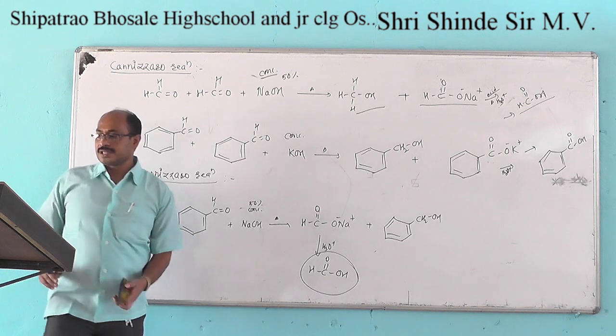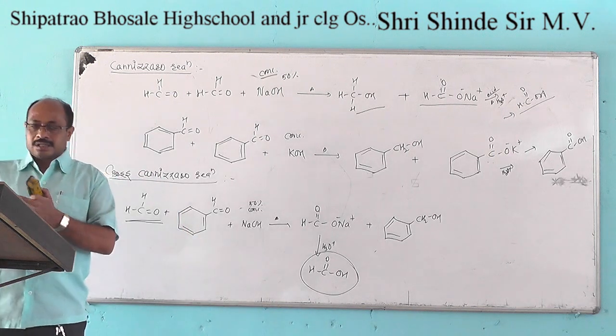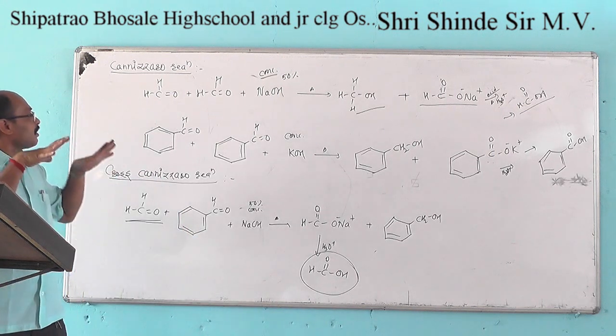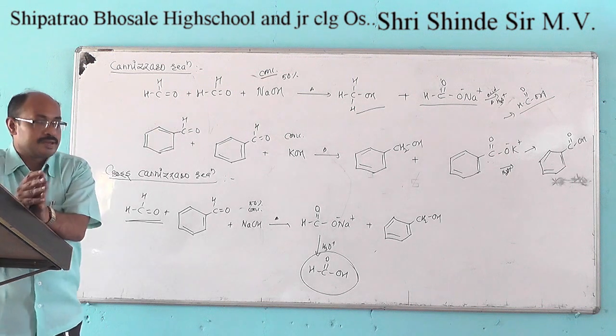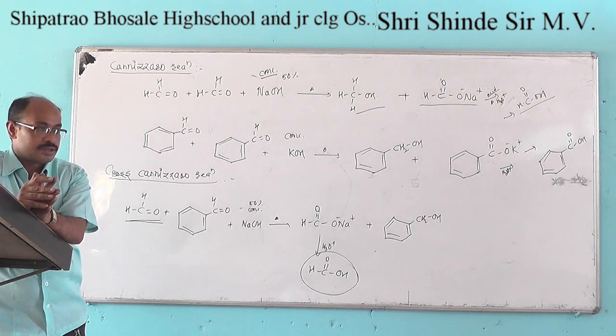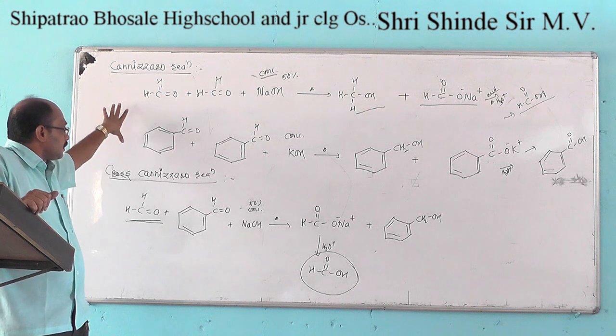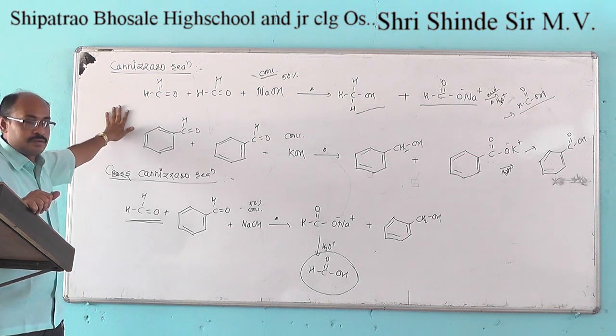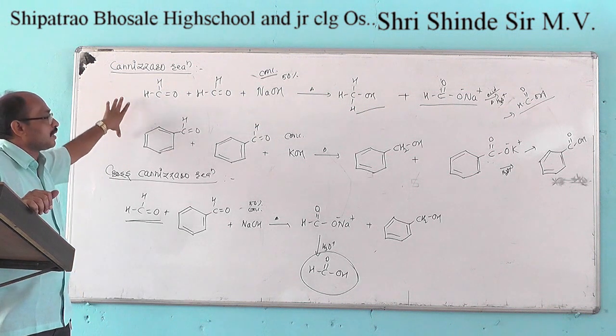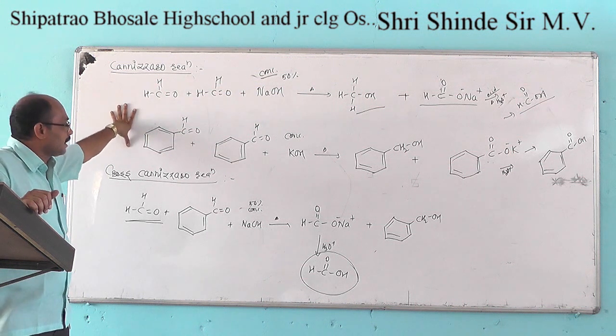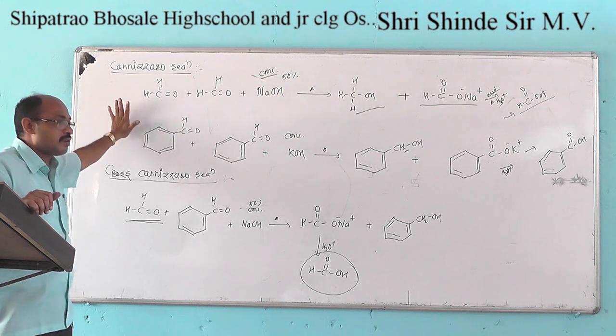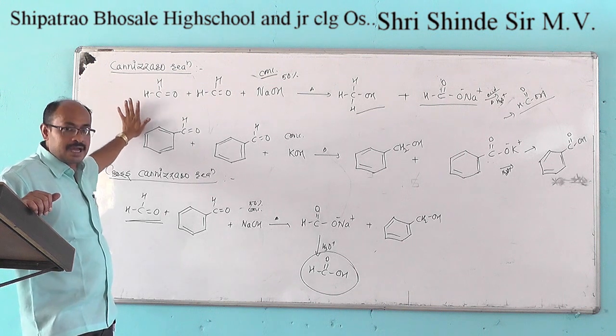These are the reactions which differ from other reactions. So this is the Cannizzaro reaction, which is useful for the preparation of the corresponding alcohols and salts of carboxylic acids from aldehydes which do not have any alpha hydrogen.